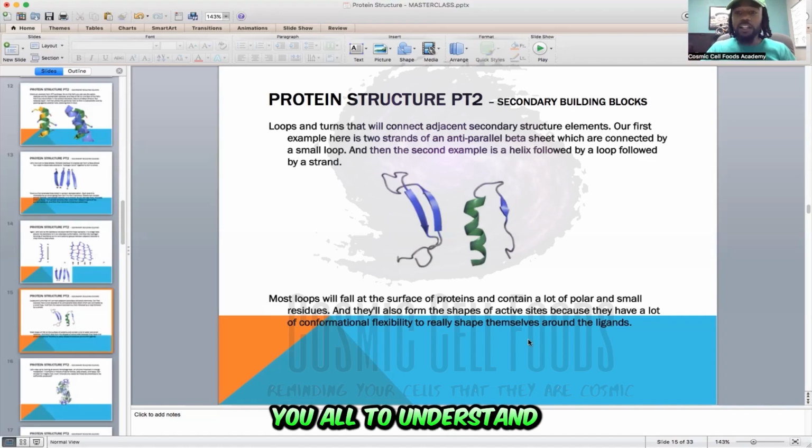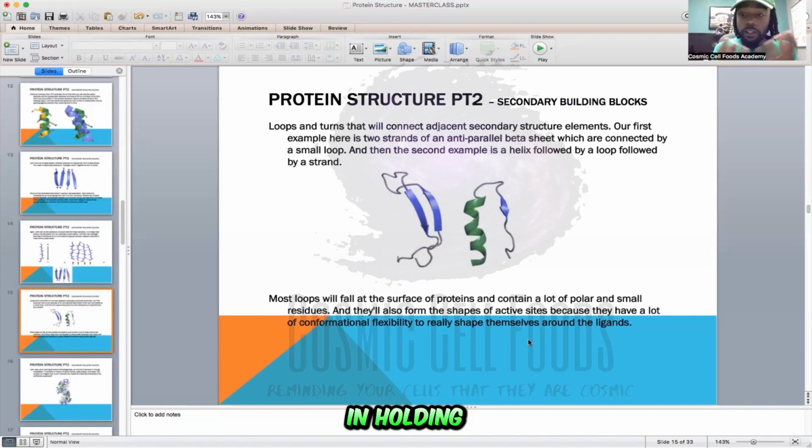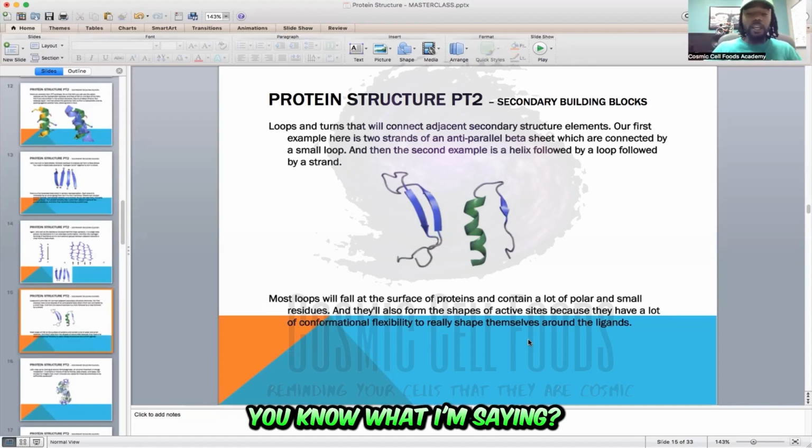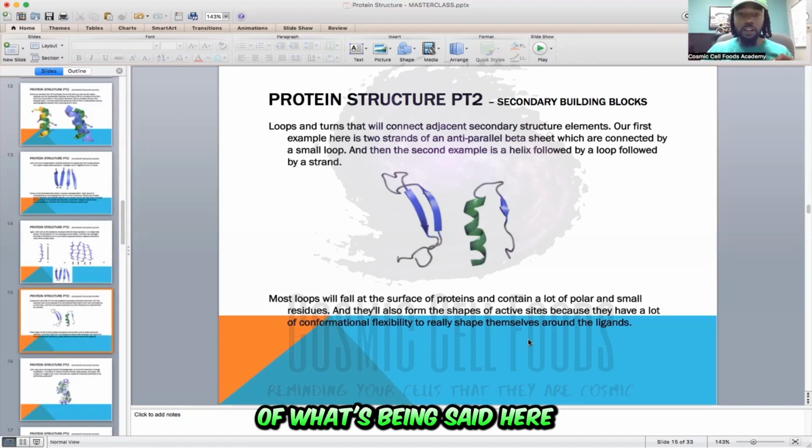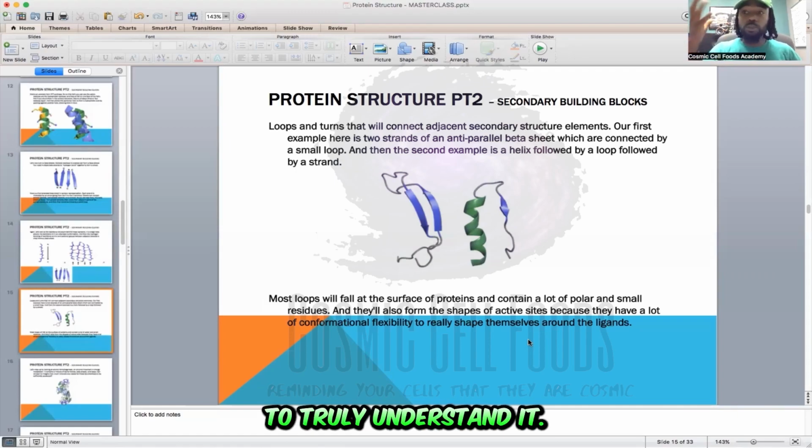So I just want y'all to understand how loops are created and all of their conformational flexibility in holding those active sites together, holding that iron within the hemoglobin as it's transporting that oxygen. You know what I'm saying? I just want y'all to truly understand the full aspect of what's being said here and how our body is operating. We need to know how our body operates to truly understand it.